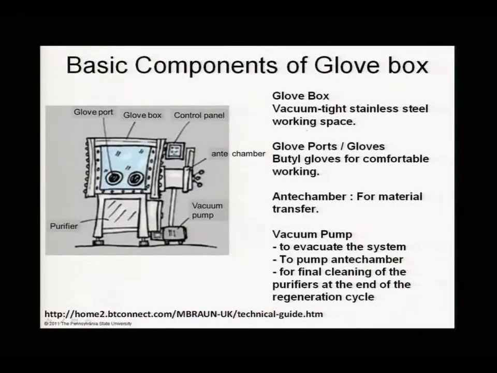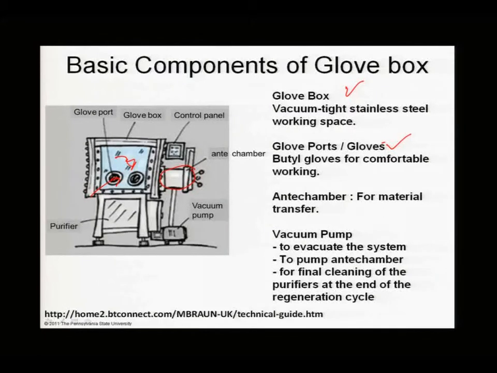So basic components of the glove box, shown here in cartoon fashion, is the actual working space inside here, and then the glove ports here, and then the antechamber right here.